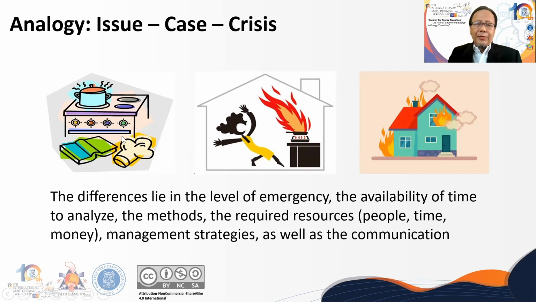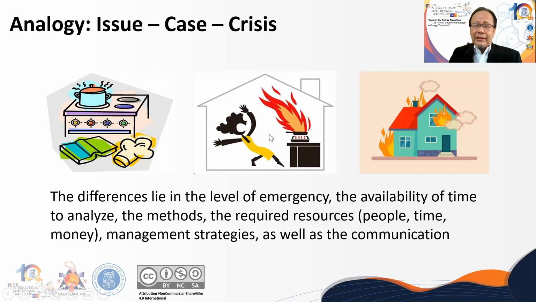If you look at the stove, the issue can be identified earlier: you can see the piping inside, the gas piping, and you can identify many things like the cleanness, the heat, the smoke, and also the aging of the stove itself. If we ignore this, then the issue will become a case where there will be a fire.